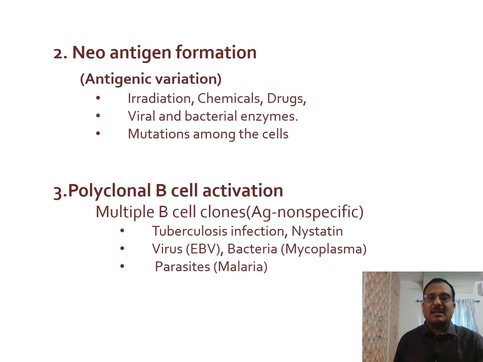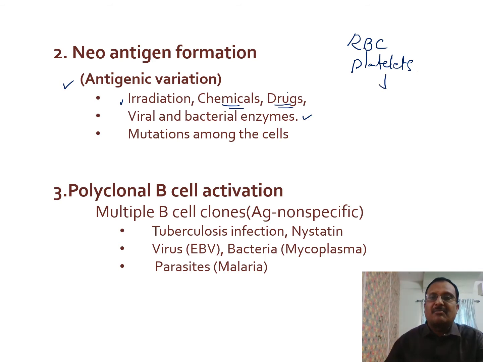And next one is new antigen formation, or antigenic variation on the cell. When certain cells like RBCs and platelets are exposed to certain chemical agents or drugs, or following irradiation, or when people suffer from viral or bacterial infections and mutation of the cells, the surface antigenic nature of these cells gets altered.